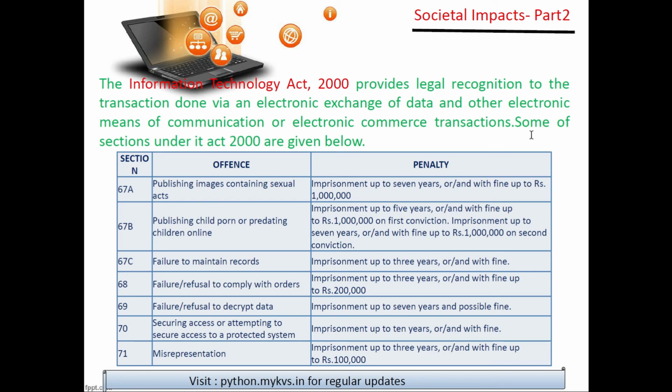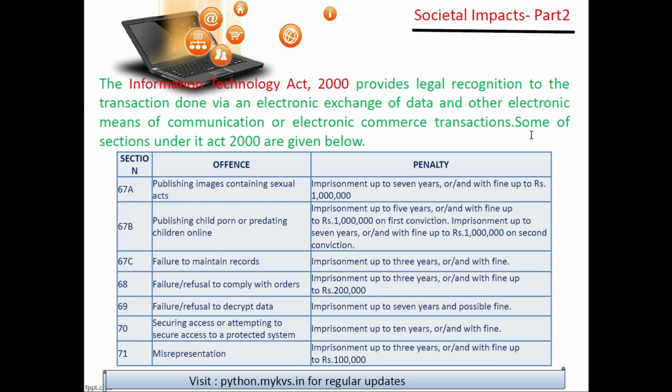Some of the sections under the Act 2000 are given below. 67A, publishing images containing sexual acts: imprisonment and a fine of up to 10 lakhs. Publishing child porn or predating children online: also 10 lakhs for the first conviction, and imprisonment up to 7 years.